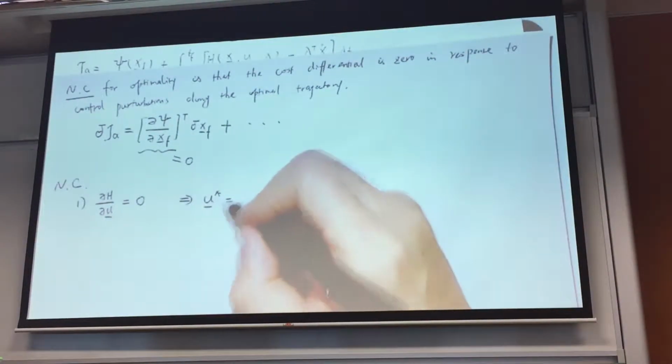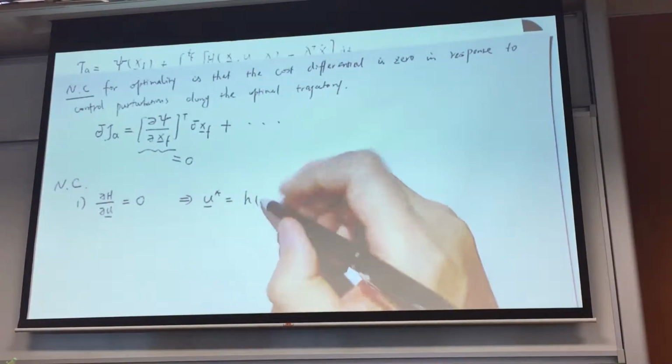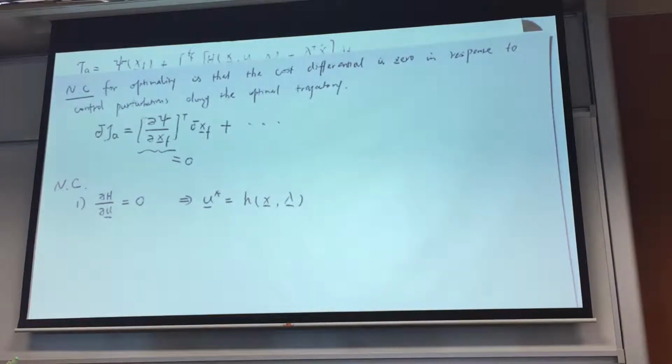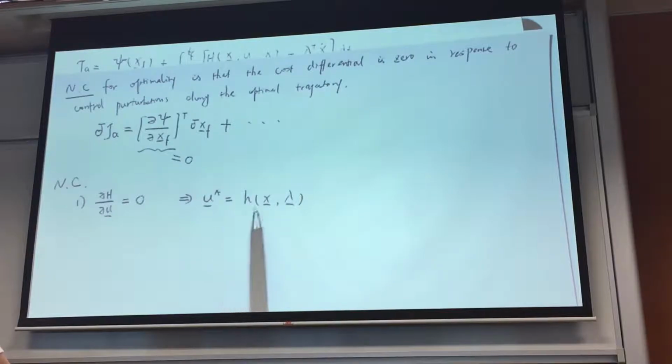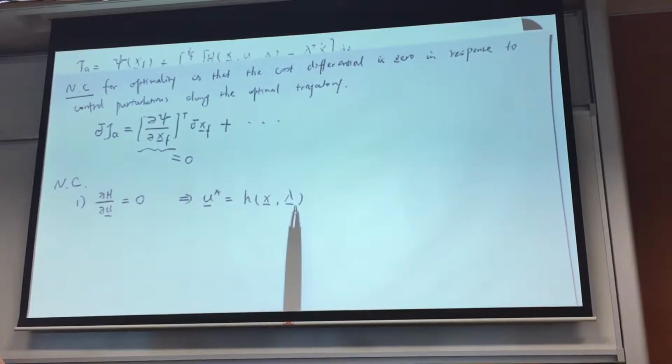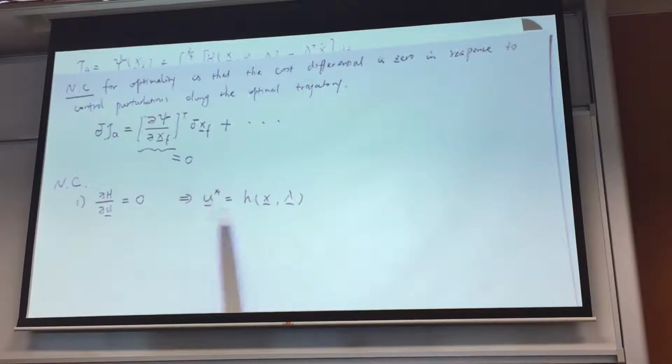But this optimal control will be in terms of x and lambda, the state vector and the Lagrange multiplier. But at this stage, x and lambda have not been solved, so you don't know their values. Here you get a solution of the control input just in terms of x and lambda.